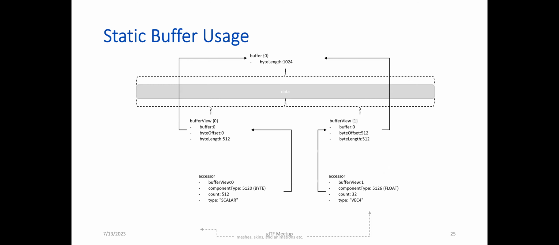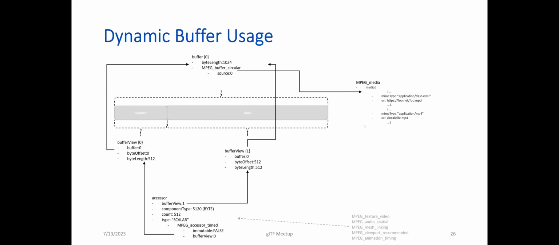The timed accessors, I said, currently in glTF, you have an accessor which points into a buffer view, which points into a buffer that is static. So what we added is the support for dynamic buffers, where you're able to even change some of the accessor parameters. So you can have different configurations there depending on how the author thinks the data might change.